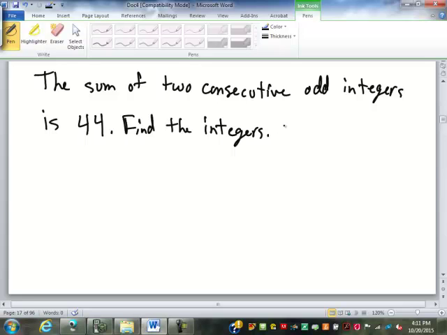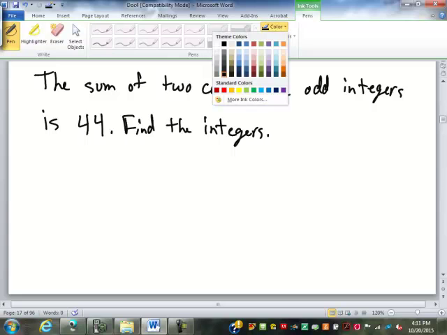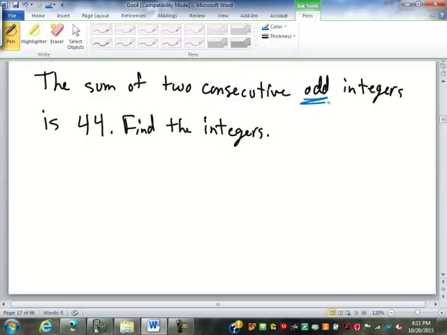Find the integers. The difference is it says the word odd. Consecutive does not have to mean 22, 23, or 17, 18. That means the two numbers, one after the other, that meet that condition. So here they have to be odd. So like a 1 and a 3, or a 7 and 9, or 11 and 13, and so on. So we've got a smaller one still, and a larger one.